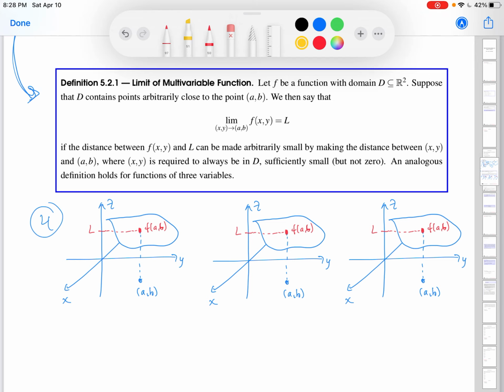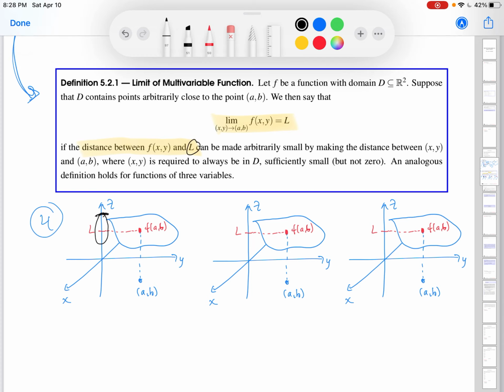So then we say that the limit equals L if, and here's where the if is, the distance between f of (x, y) and L. That distance occurs over here on the z-axis, because f of (x, y) is a z-value and L is a z-value.